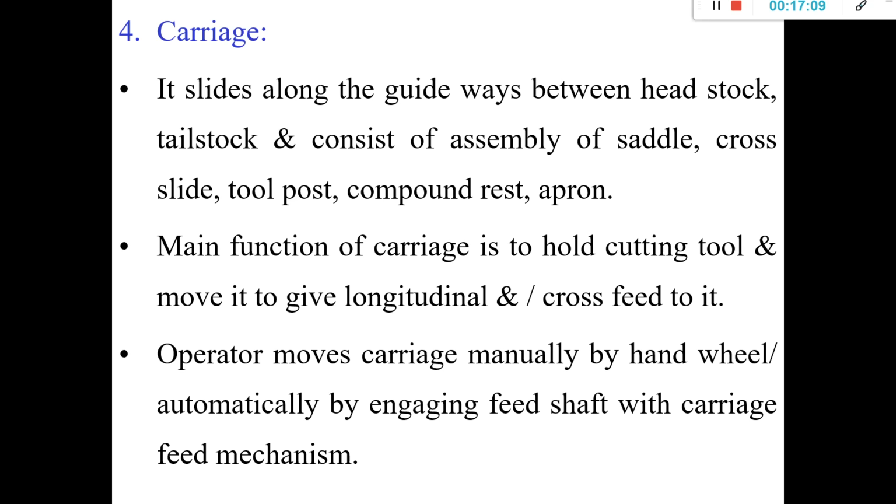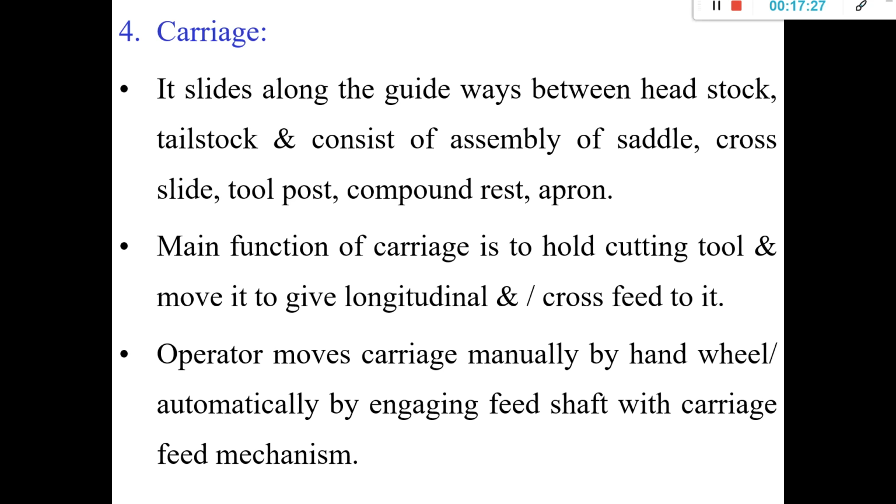Now the carriage. The carriage slides along the guideways between the headstock and tailstock, and it consists of an assembly of saddle, cross slide, tool post, compound rest, and apron.